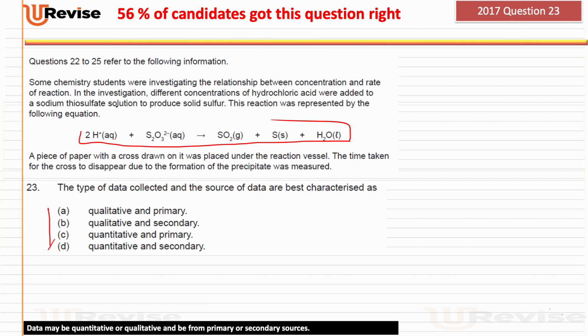Let's first of all look at what the examiner had to say and the syllabus point that inspired this question. Now, only 56% of candidates got this question right. This is a very low pass rate for this kind of question, because this is something which you start doing as far back as year 11 in terms of qualitative.